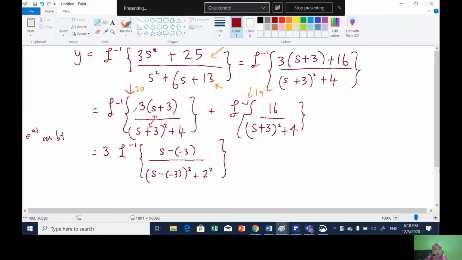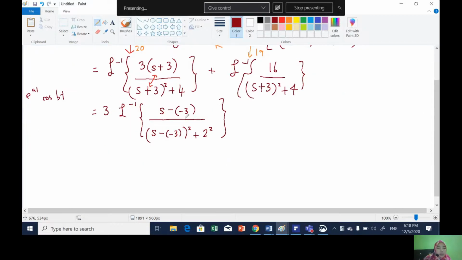This is the general one after the transform, after finding the inverse transform. Here it says 3, so this is our A and this is our B. A is -3, B is 2. Therefore I write 3 e to the power -3t cos 2t. So this is the inverse.